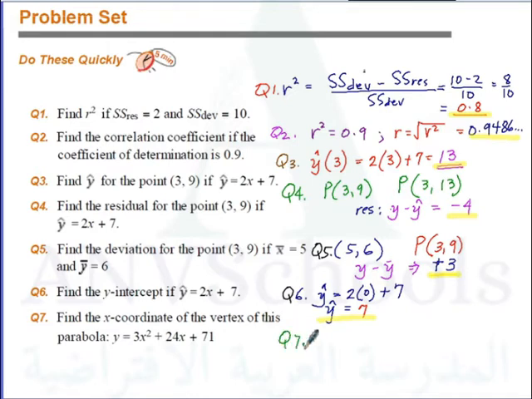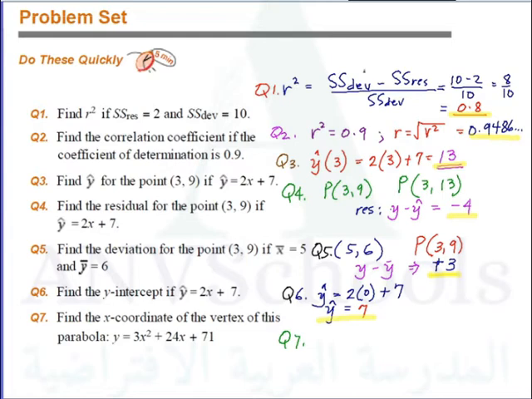Question number 7: find the x-coordinate of the vertex of this parabola, y is equal to 3x squared plus 24x plus 71.